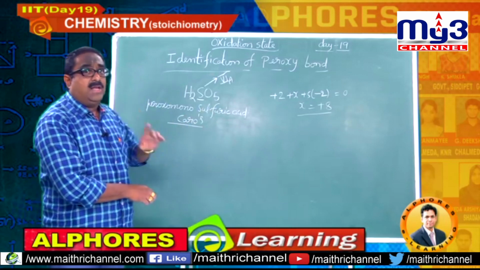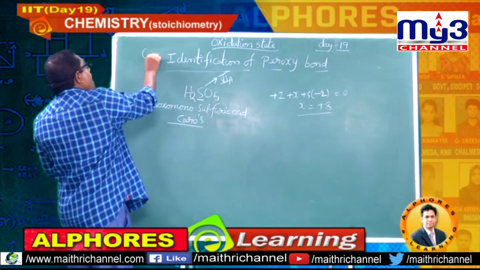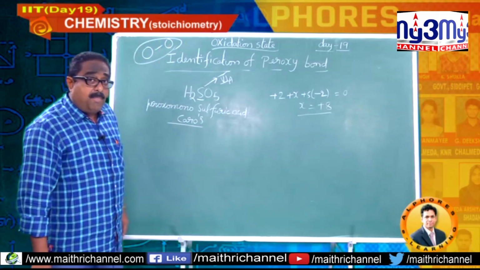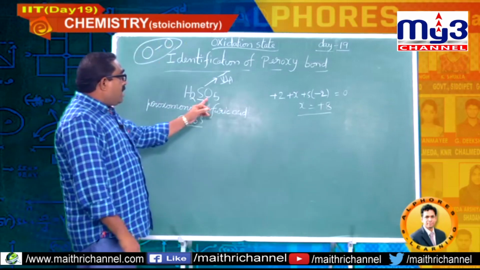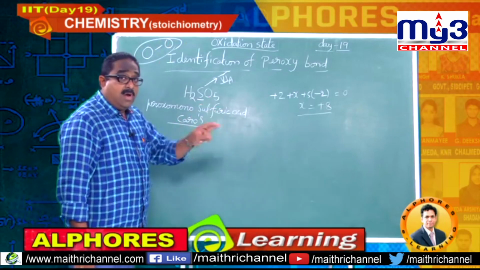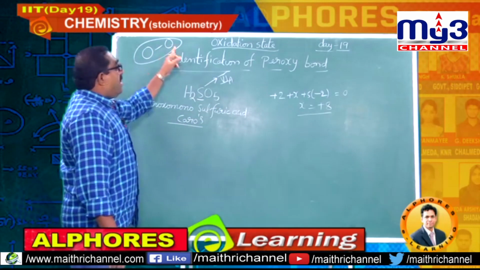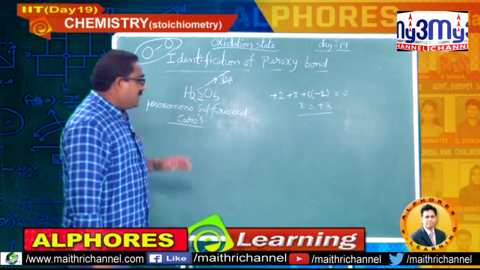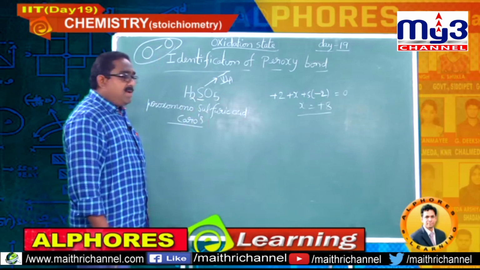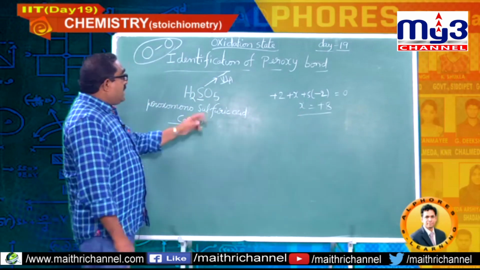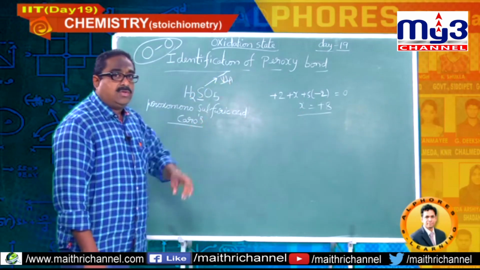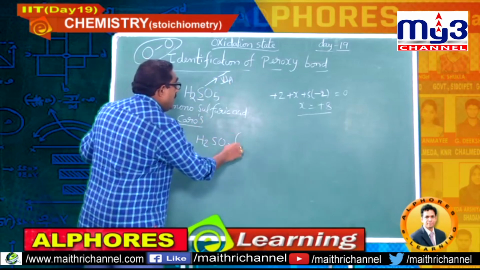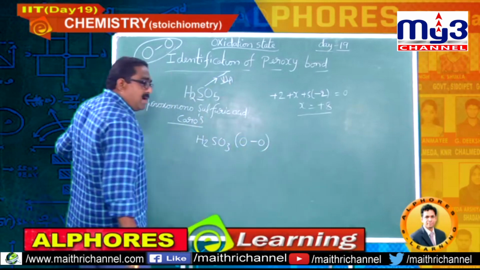I have already taught you that an O-O single bond is called a peroxy bond. So out of these 5 oxygens, 2 oxygens are peroxy oxygens, the remaining 3 are normal oxygens. Now let me separate, because I got +8 even though sulfur belongs to the 6th group. So let me separate H2SO3 and OO, a peroxy bond.